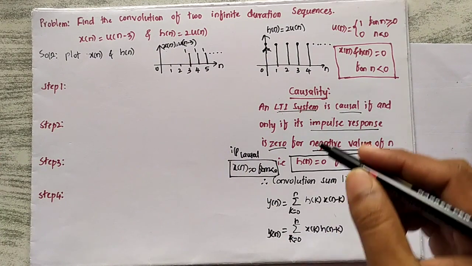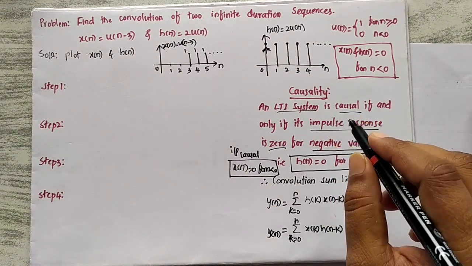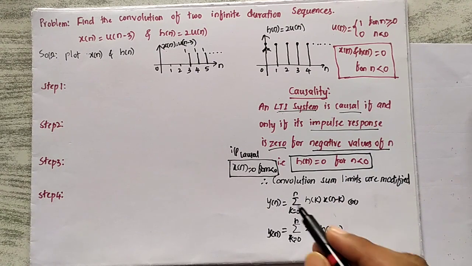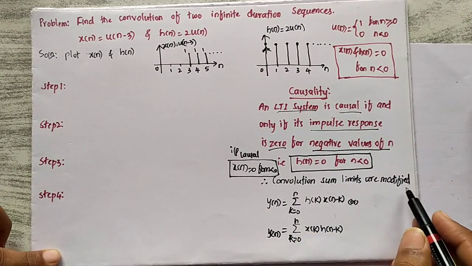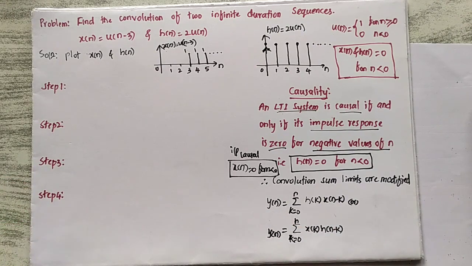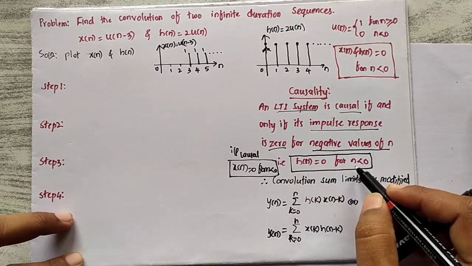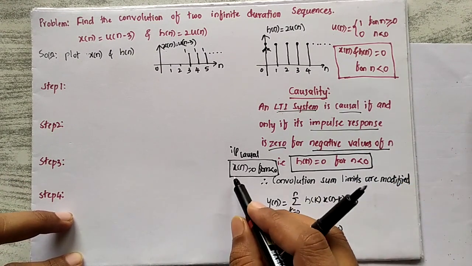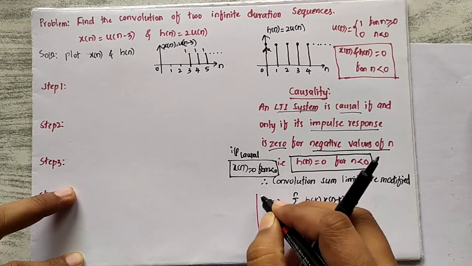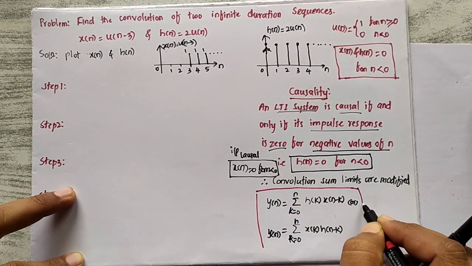Because of this causal LTI system, the limits we used for the calculation of the convolution sum will be modified. They are modified for both cases, h of n equal to 0 for n less than 0 and x of n equal to 0 for n less than 0.